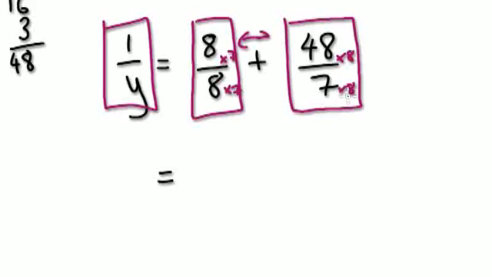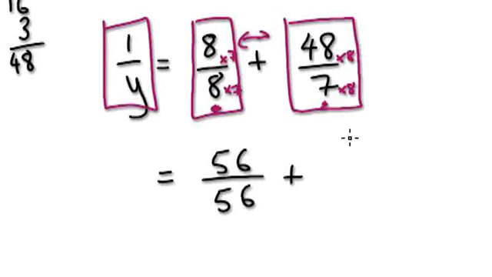Just so that the 2 denominators are the same, and then we can merge 2 fractions. So 8 times 7, 56. Basically 8 over 8 is the same as 56 over 56, just written differently. So here the bottom would be 56.